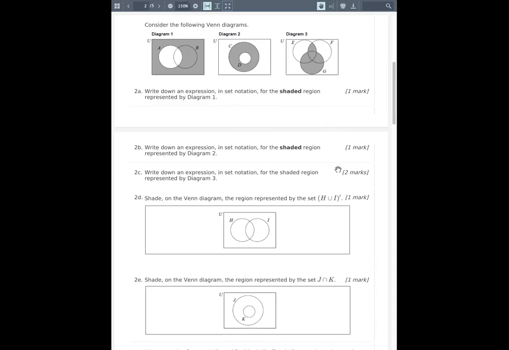Diagram 3. Write down an expression. So for this one, it would be E intersection F. Oh, give me one second. Sorry, y'all.